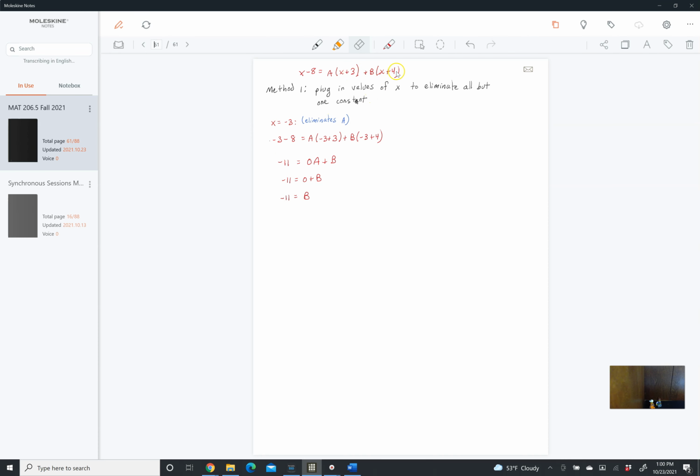Now we're going to solve for A by eliminating B. So we're going to plug in x equals -4 this time.